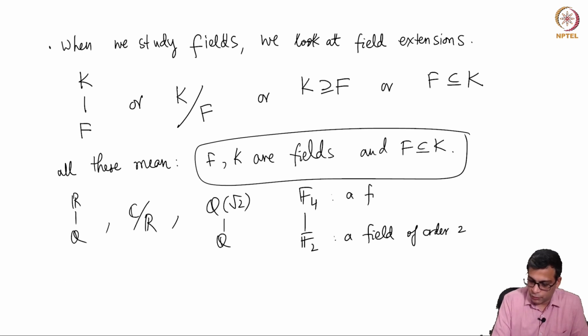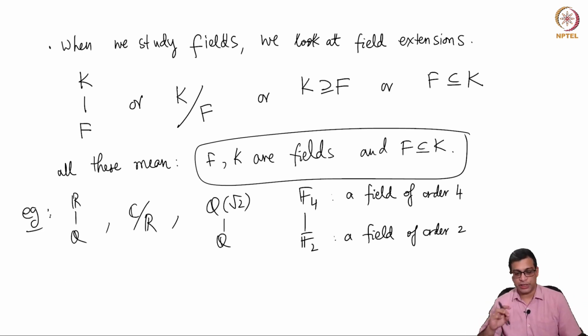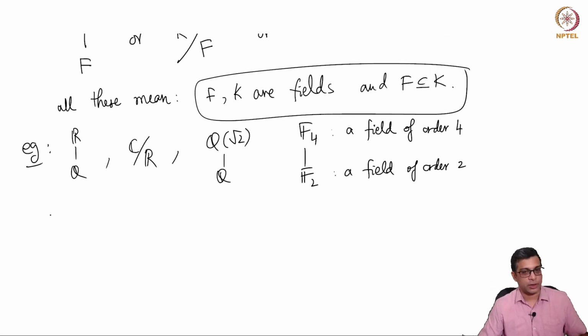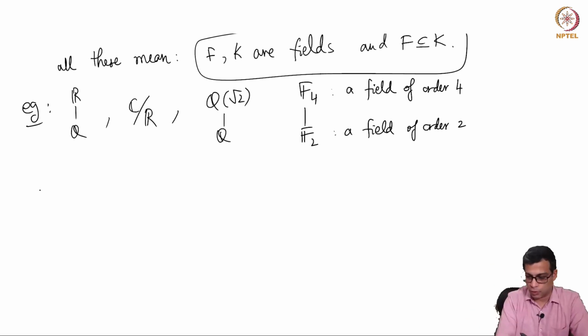This is a field of order 4. These are all examples of field extensions, which is the primary object that we study in field theory, and in fact that is a primary object that we are going to study in this course on Galois theory as well. Let me just quickly recall some of the fundamental things about this.